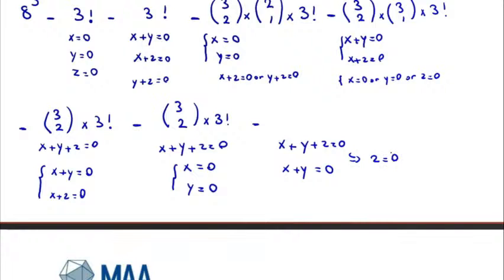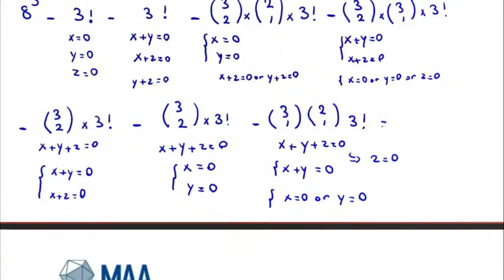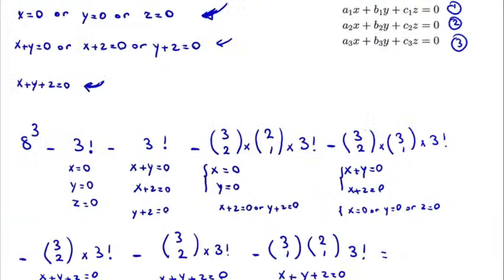So the bad case here is we want to conclude that all of them should be 0. So here you say x equals 0 or y equals 0. Here for this part, you say 3 choose 1. And for this one, because you should select only x and y, if it is x plus y equals 0, you say 2 choose 1 times 3 factorial. Finish. We've calculated all bad cases.